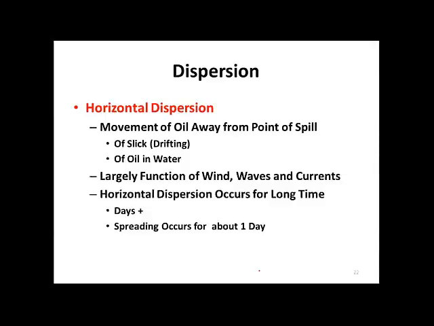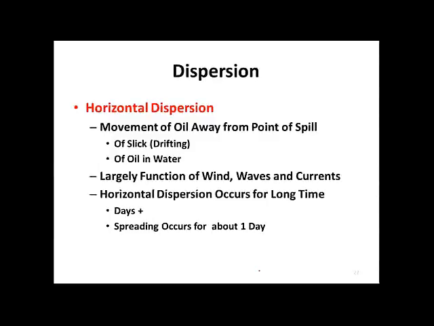Basically, you are getting movement by drifting and movement of oil in the water. Now, this horizontal dispersion is largely a function of the wind, the waves, and the currents, how the oil moves. And this horizontal dispersion, unlike spreading, takes days to occur, all right?